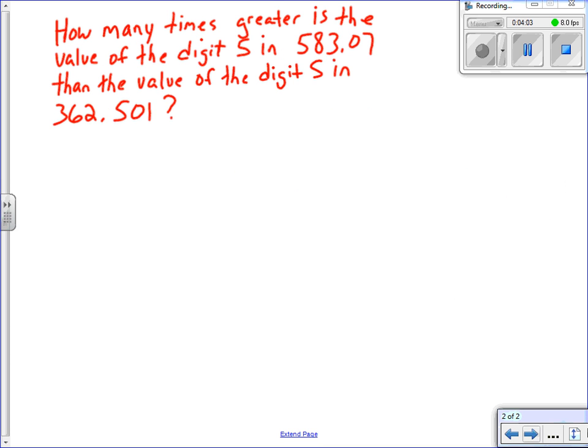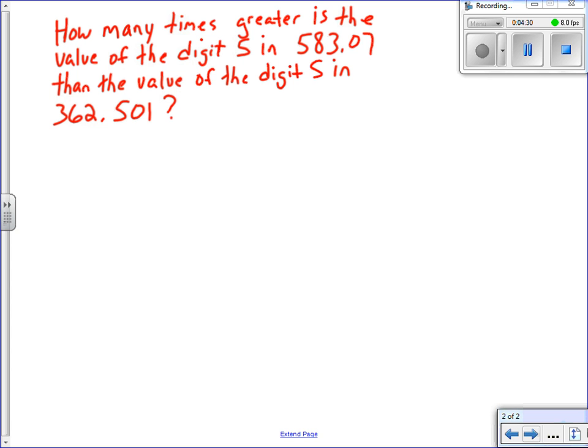It says, how many times greater is the value of the digit 5 in 583 and 7 tenths than the value of the digit 5 in 362 and 501 thousandths? Now this is a little different because we're comparing two different numbers. And if you remember when we talked about how to compare two different numbers, we talk about lining up the decimals.